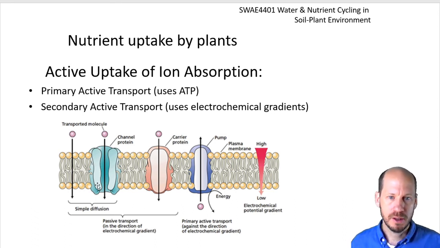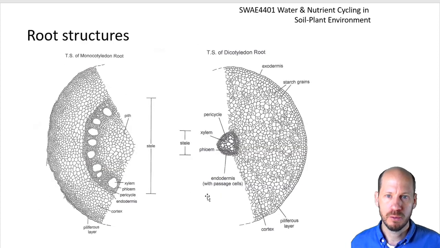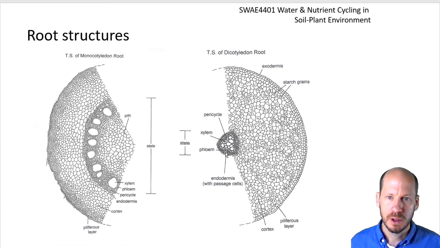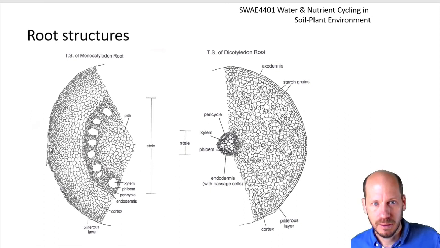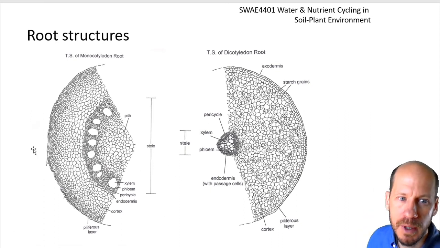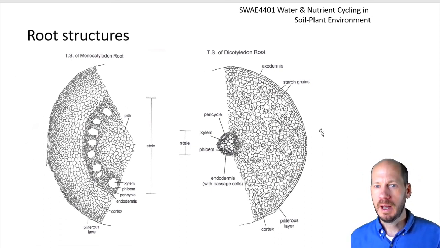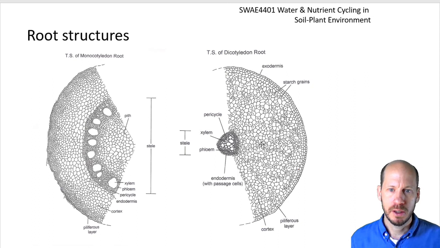So where does this occur? This occurs on the roots. These are different structures for monocotyledon roots and for dicotyledon roots. But actually, these nutrients will be present in the soil solution outside the root, and they will have to diffuse through the cortex.